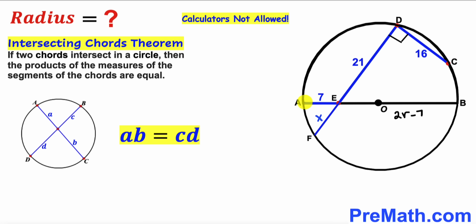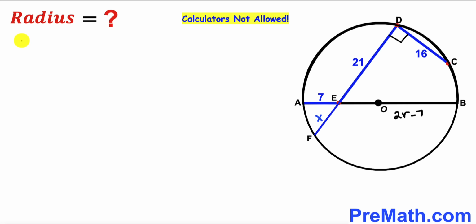Here we have these two chords AB and DF, and they intersect each other at this point E. As a result, we end up with these segments 7, 2r minus 7, 21, and X. Therefore, according to this theorem, 7 times 2r minus 7 must be equal to 21 times X. So we can write 7 times 2r minus 7 is going to be equal to 21 times x.